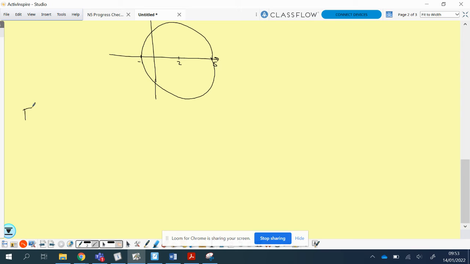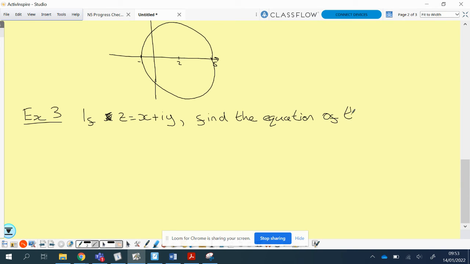So example 3, for example: if z equals x plus iy, then we're going to find the equation of the locus such that the argument of z equals pi over 3.